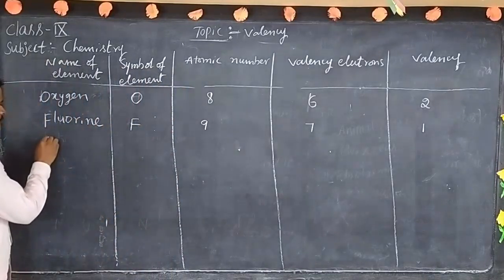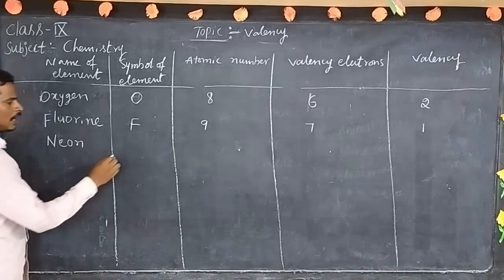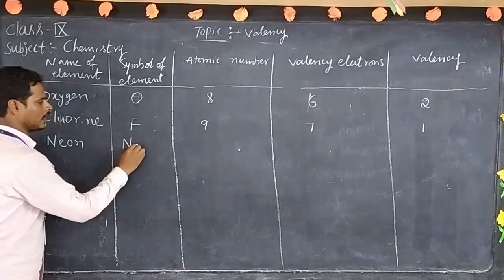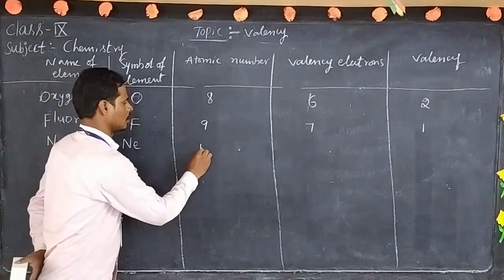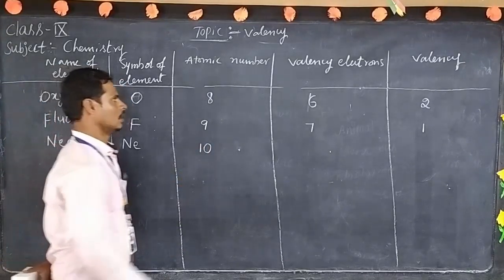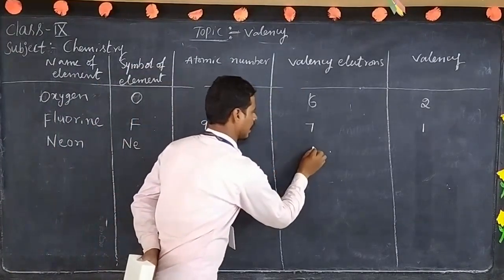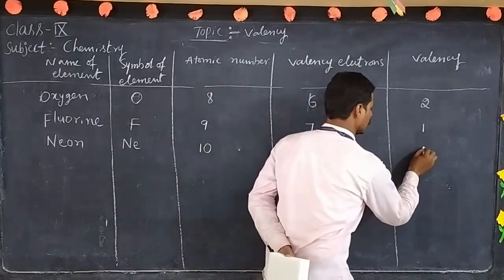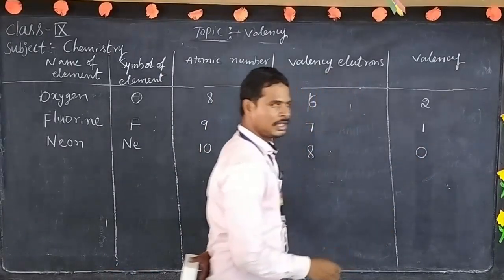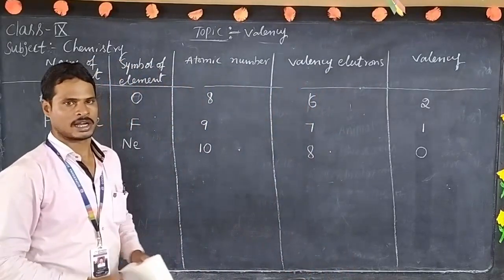Next, neon. Symbol of neon is Ne. Atomic number of neon 10. Number of valence electrons present in neon 8. Valency of neon is 0. Why does neon have 0 valency? Because neon is an inert gas.